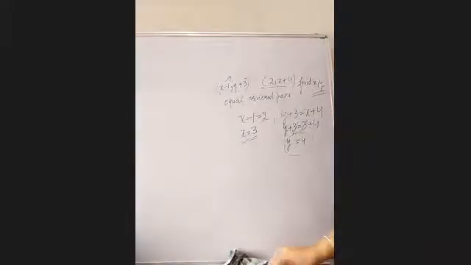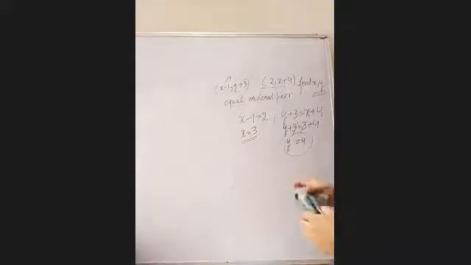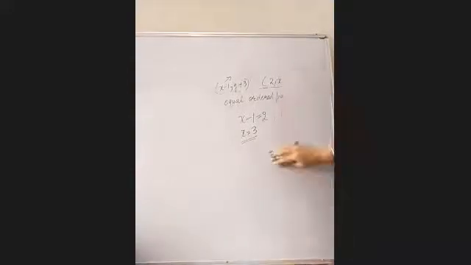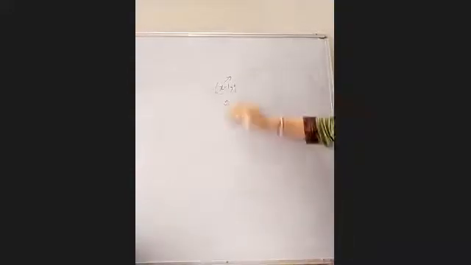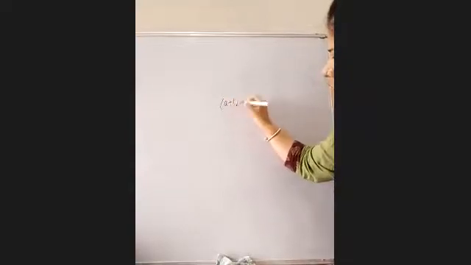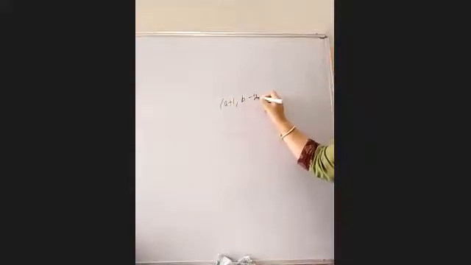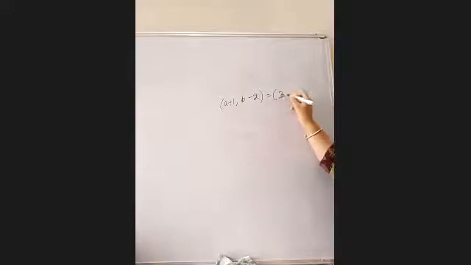You just write down. Find the value of A and B, where A plus 1 comma B minus 2 is equal to 3 comma 1.